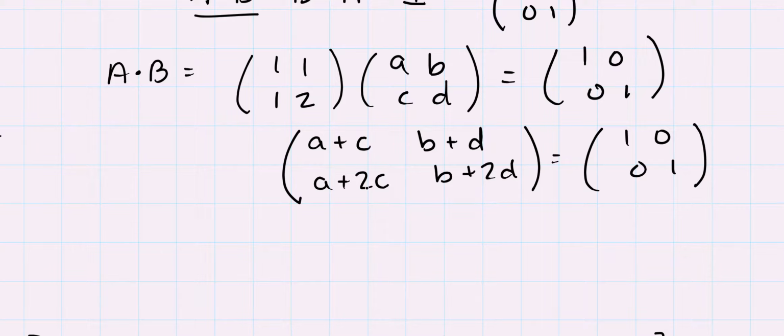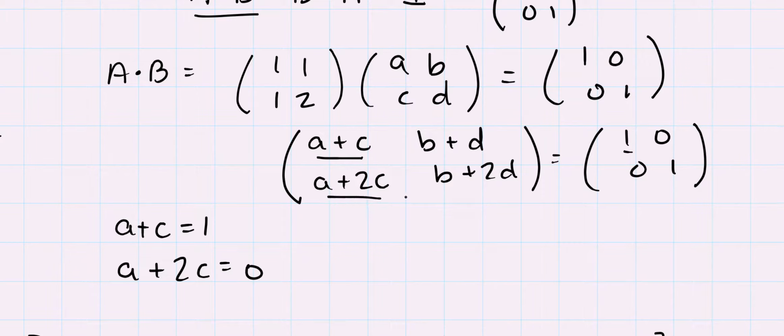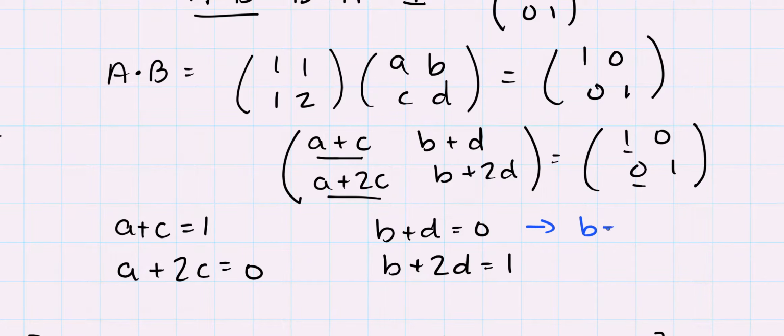So from here, we can say that a plus c is 1, a plus 2c is 0, b plus d is 0, and b plus 2d is 1. All right, well from here I see that b is equal to negative d, and then I can plug it into this one and I get d is 1.